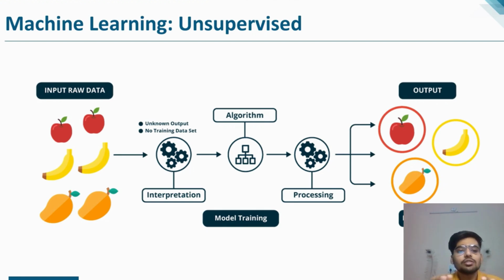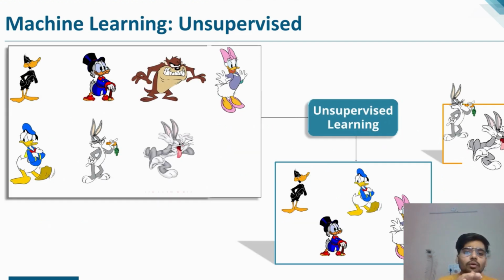With that data, thinking like a human brain, we make an interpretation by color, texture, size, and shape, and we group these things. According to these, our algorithm works, and after the model is trained to a sufficient performance level, we get an output.